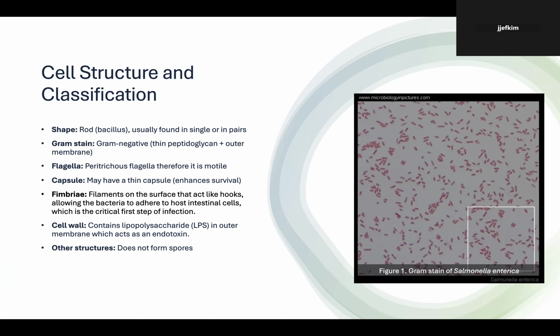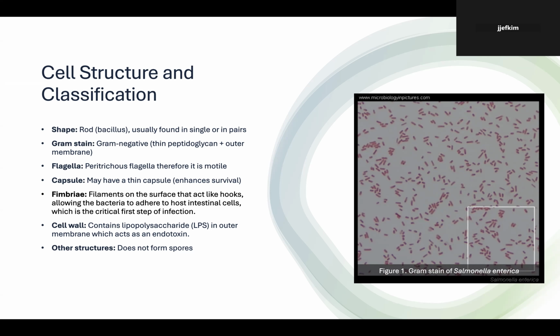It is classified as gram-negative because it has a thin peptidoglycan layer in its cell wall along with an outer membrane. This outer membrane contains lipopolysaccharide, or LPS, which acts as an endotoxin. LPS is responsible for triggering strong immune responses, especially inflammation.